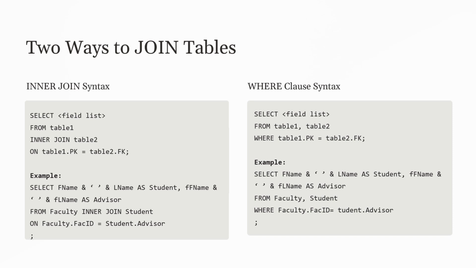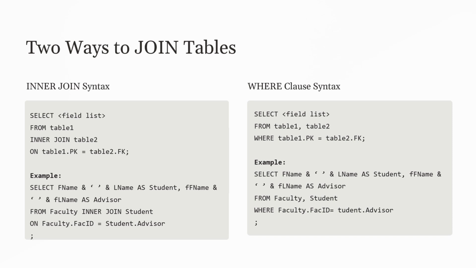So when we join the faculty table and the student table, we can use faculty ID equals student's advisor ID. In this way, we will pull out the student's name and their advisor's name.